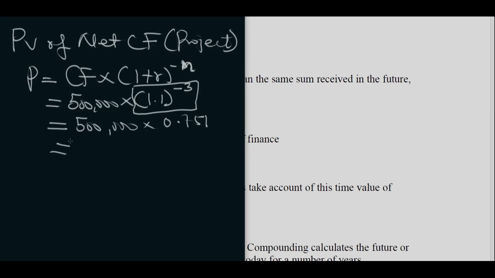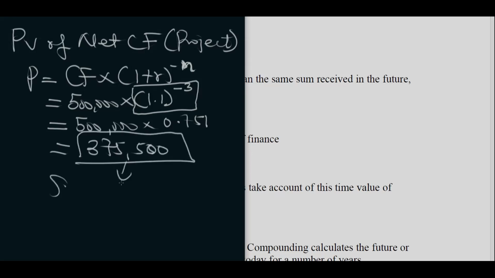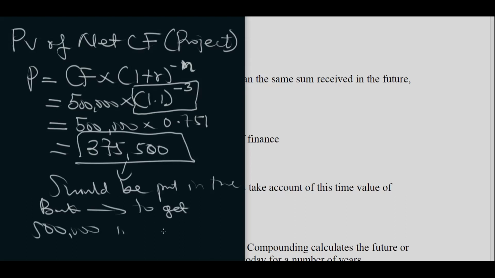So if I put in 500,000 at 75% of its value, that means I end up getting 375,500 today. That means this is what should be put in the bank to get 500,000 in 3 years.